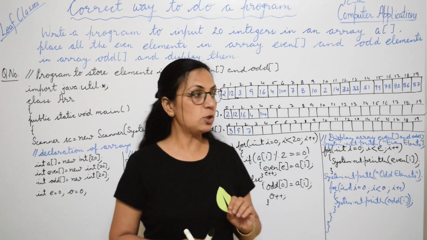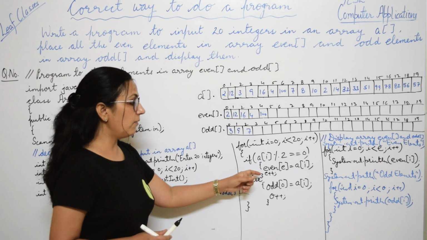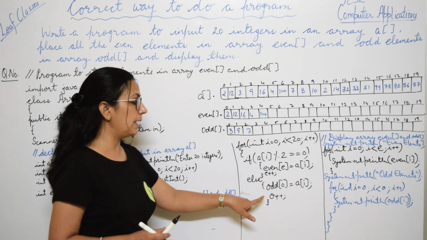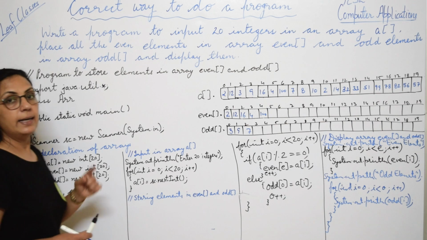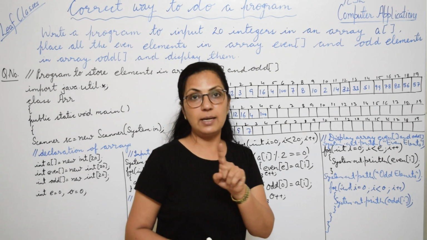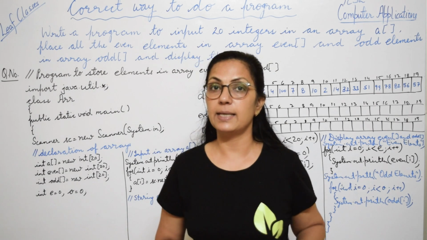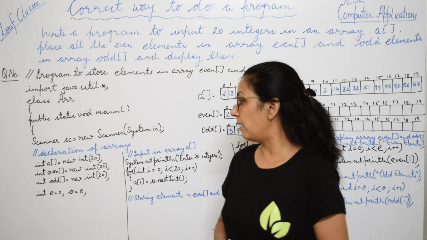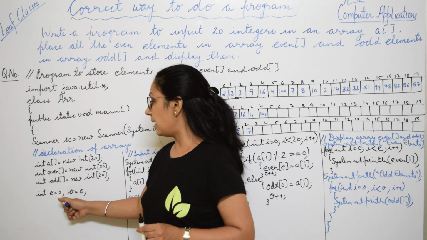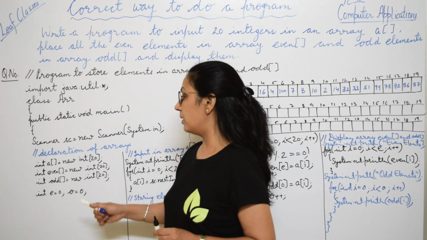Then the next point you have to check is any variable which you have taken, like E and O, whether you have declared those variables or not. Declaration and initialization are two different things. Declaration means declaring the data type of the variable, like here int E equals 0, comma O equals 0.